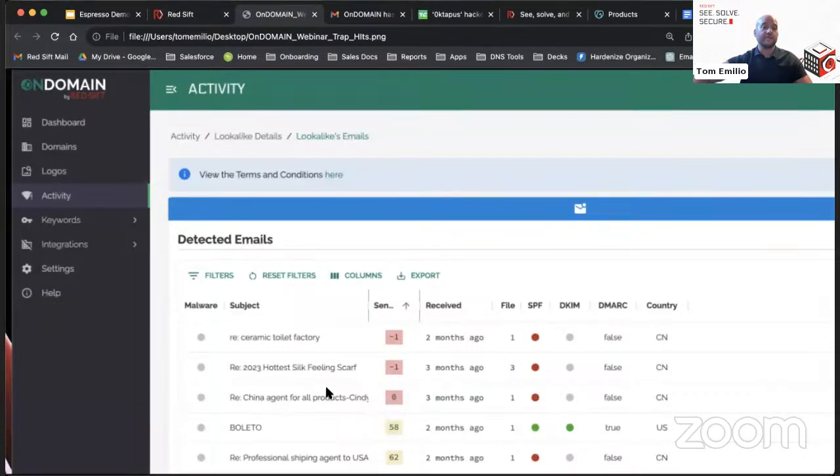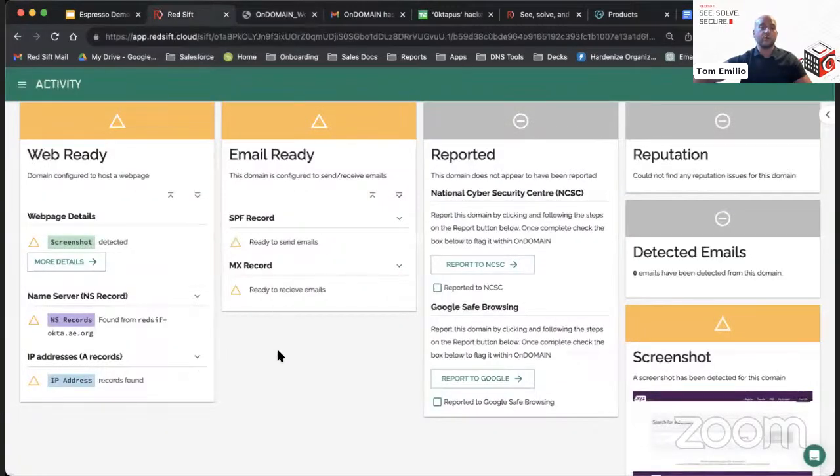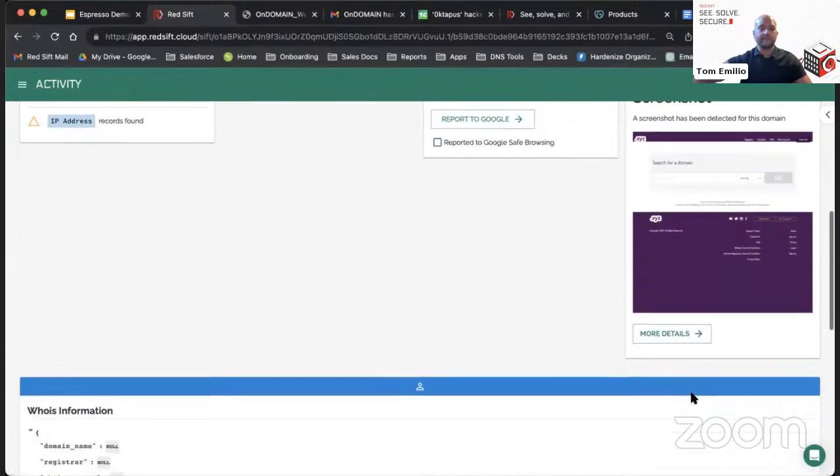If a lookalike domain is sending mail, we can see if it's hitting traps, and see what the content is on a subject line level. Nothing sensitive, but it's a cool feature that ties into this: DMARC's not going to stop this type of thing because it's not your domain, but if your domain is being used nefariously, we can see that.